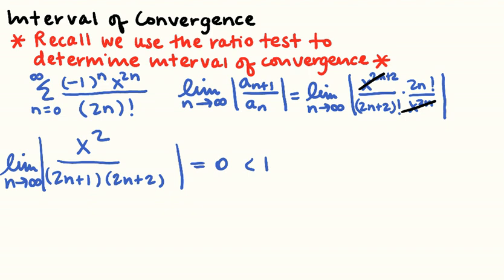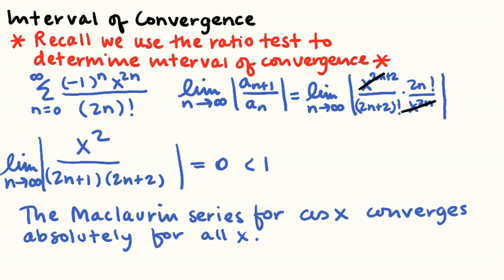Okay, so the Maclaurin series for cosine x converges absolutely for all x. Right? You could do the exact same thing with the Maclaurin series for sine x, and that might be a good exercise, but actually, maybe not. This one just comes back 0, and so it's not that exciting.